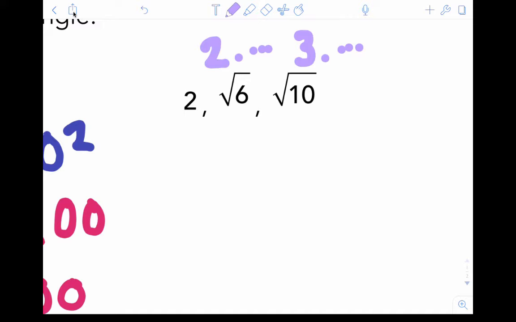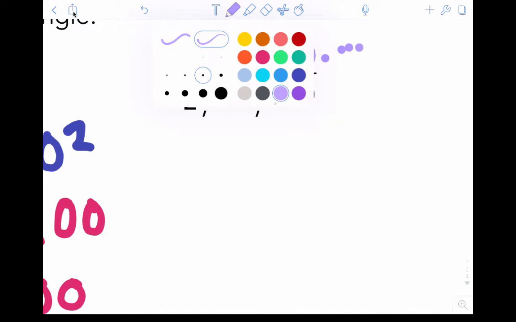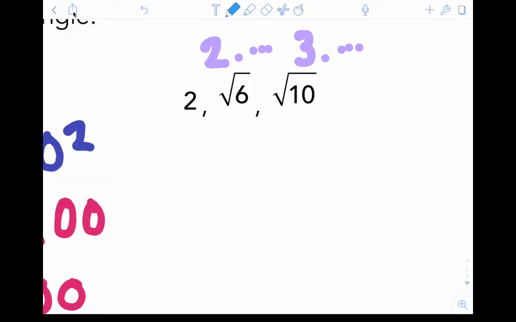So in this case, square root of 10 is the largest, but that's not always going to be the case. Make sure you're careful when you're writing your equations. If you choose the wrong c, your equation is not going to end up equaling, even if it is a right triangle. It's crucial that you use the largest side length as your c to check if it is a right triangle.